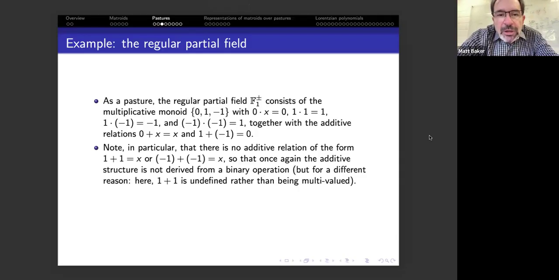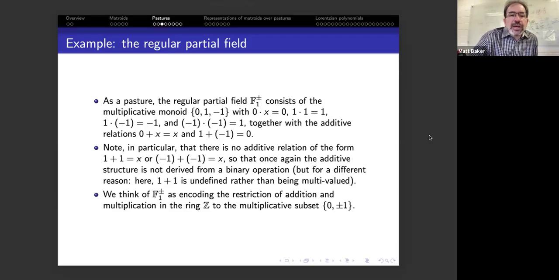So again, we don't have a binary operation here, but for a different reason. If you like, 1 plus 1 is now undefined instead of multi-valued. And it turns out we really want to allow both those possibilities, even simultaneously, for the same pasture. And that gives us a robust algebraic notion that we can work with.